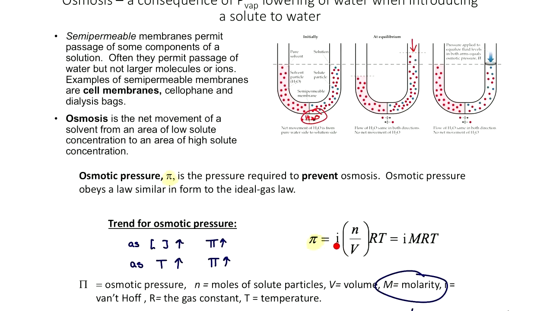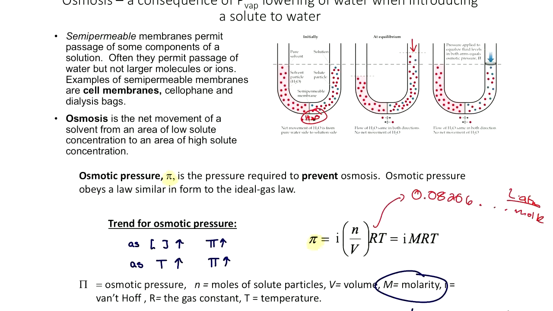The van 't Hoff factor, yeah, the same one that we talked about previously, times n over V, which is moles over volume, so that's molarity, times R. This is the same R we used for gases, 0.08206 liter atm per mole Kelvin, and then T, temperature in Kelvin. If you calculate osmotic pressure using i times molarity times R times temperature, you will get an osmotic pressure in atmospheres, all right?